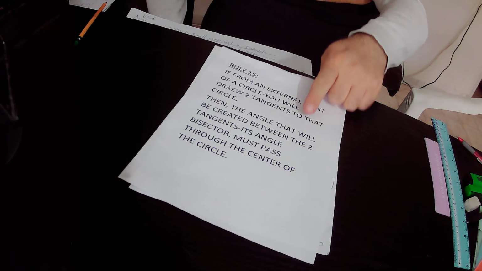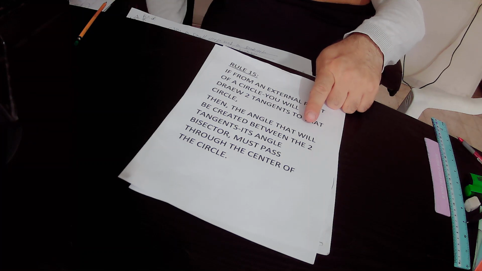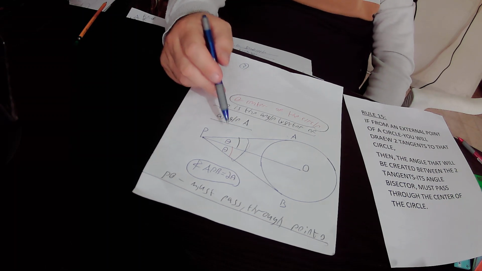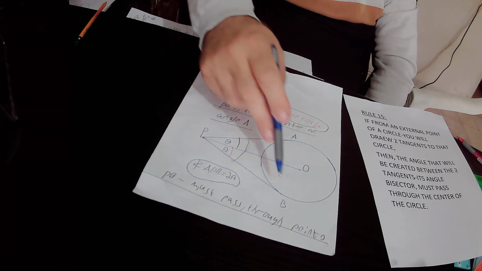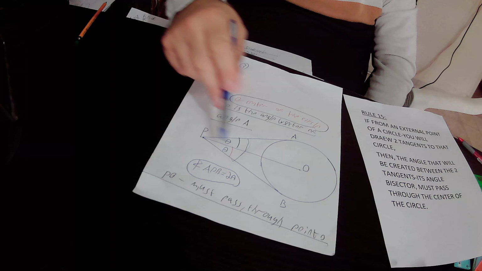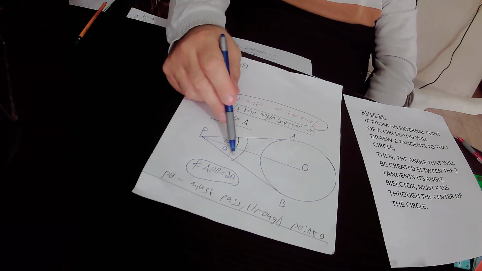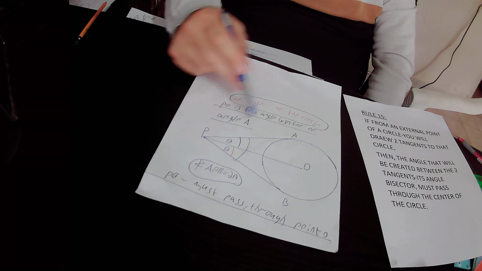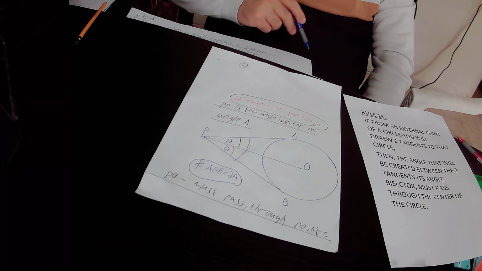The angle that was created between those two tangents PA and PB is angle BPA or APB. This is the angle that was created by drawing two tangents PA and PB towards this circle.